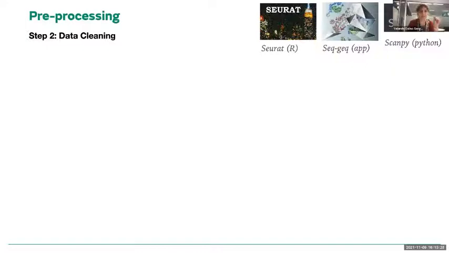So you have Seurat, which is in R, which is probably the most commonly used tool, the one I'm most familiar with as well. But there is also a Python-based tool, which is called Scanpy. And then SeqGeq, which is actually an app.